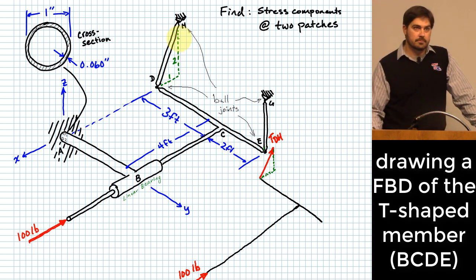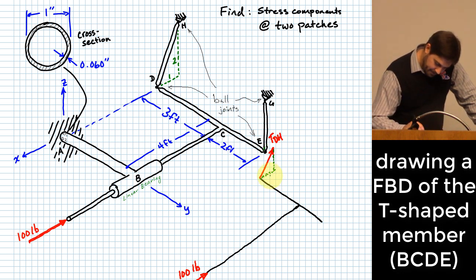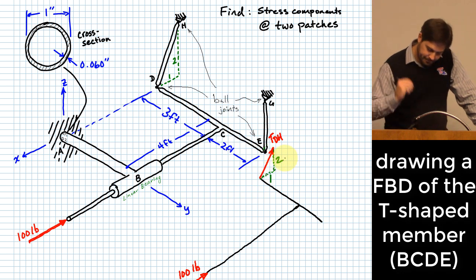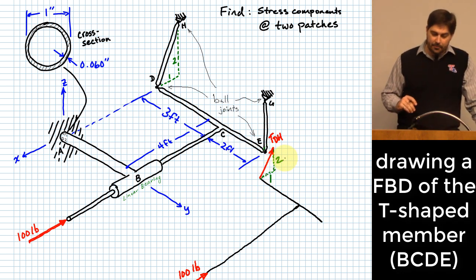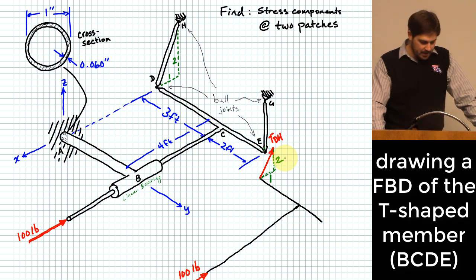Do you agree with that? So this would be 2, and this, whoops, excuse me, that's 1. 1, and that's 2. That's helpful to us because it helps us know how much of that force points in the x direction versus how much points in the z direction. All right, what else?